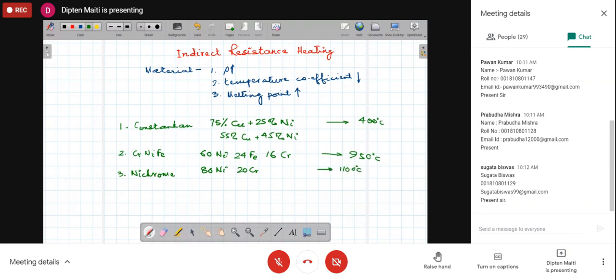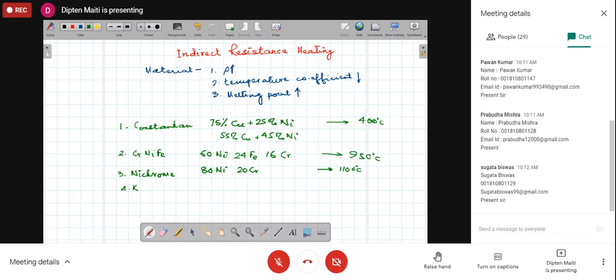And then we have a different group of material which has the composition of nickel, iron and aluminum, and that can be used of course up to 1400 degrees centigrade.